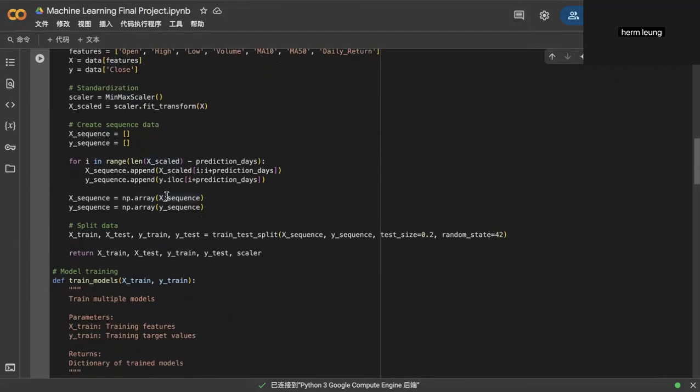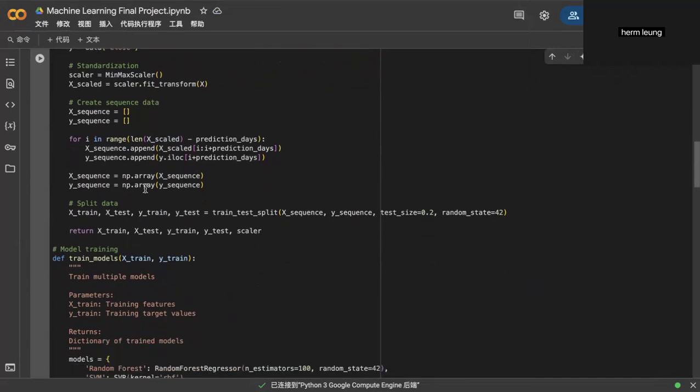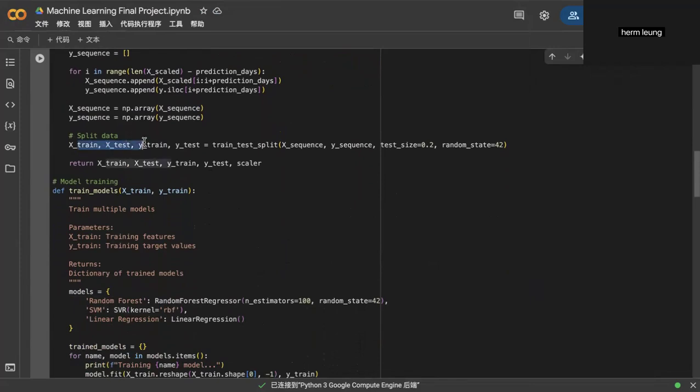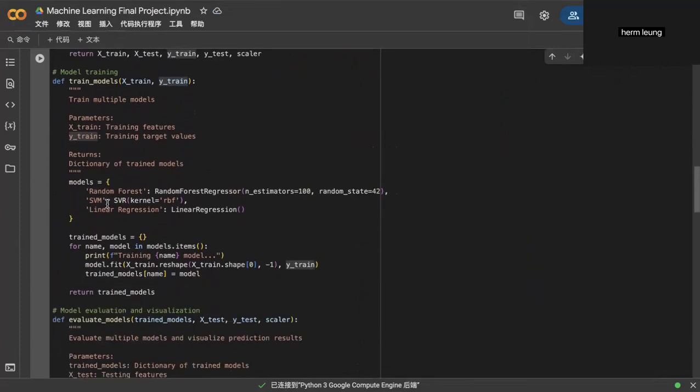And I create groups of 13 days of data, and then I split the data using 80% of the data for training and 20% for testing. As you can see, I use 3 models.